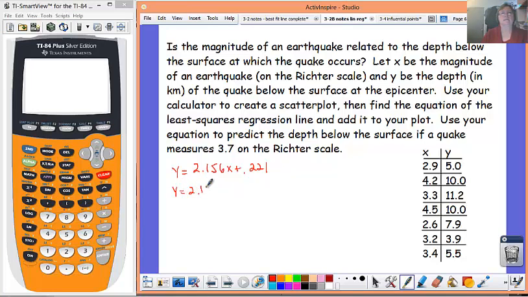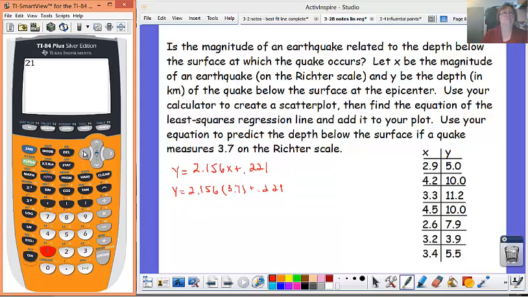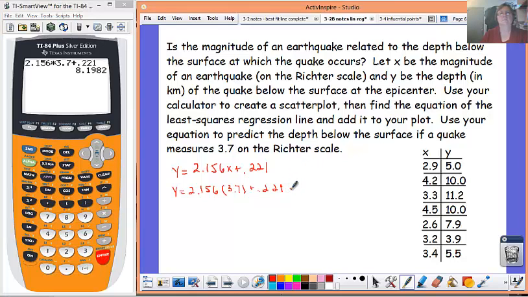The x that we are interested in is that 3.7 on the Richter scale. And let's go over here and see: 2.156 times 3.7 plus 0.221. They say around 8.2 to the nearest tenth, and that would be kilometers below the surface.